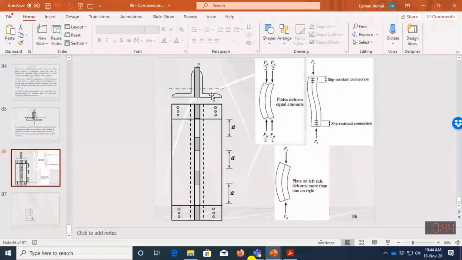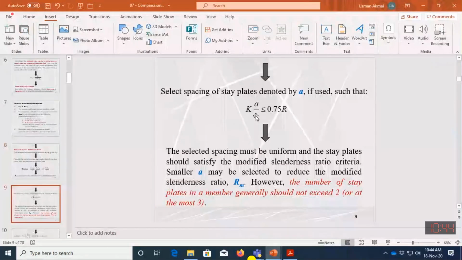If we are making the built-up section with channels, then the Ri value will be Ry, because a single section will always buckle about the axis for which the slenderness ratio is minimum. So the Ri value is Rz for a single angle, and this value will be Ry in the case of a channel section.